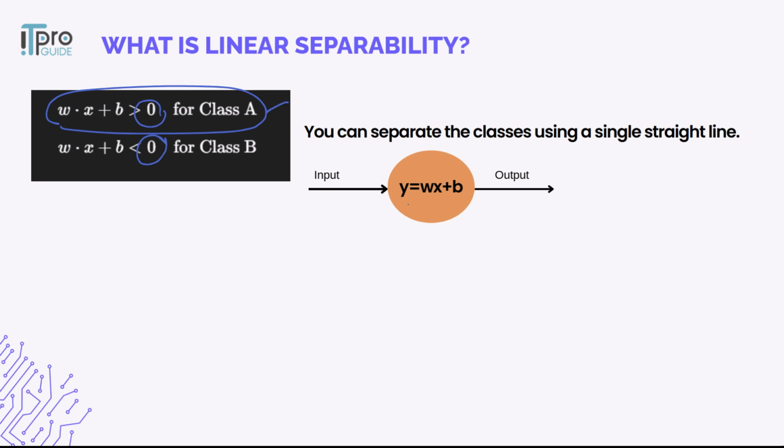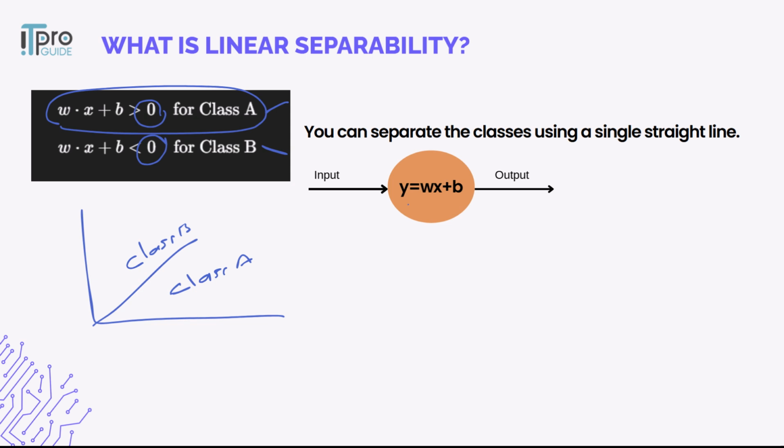So class A and class B. These two classes are separated by a straight line. Then this is called linear separability with a clear straight boundary. But if you cannot draw a single straight line that separates the data, then the problem is not linearly separable, and that is where we need multiple neurons.